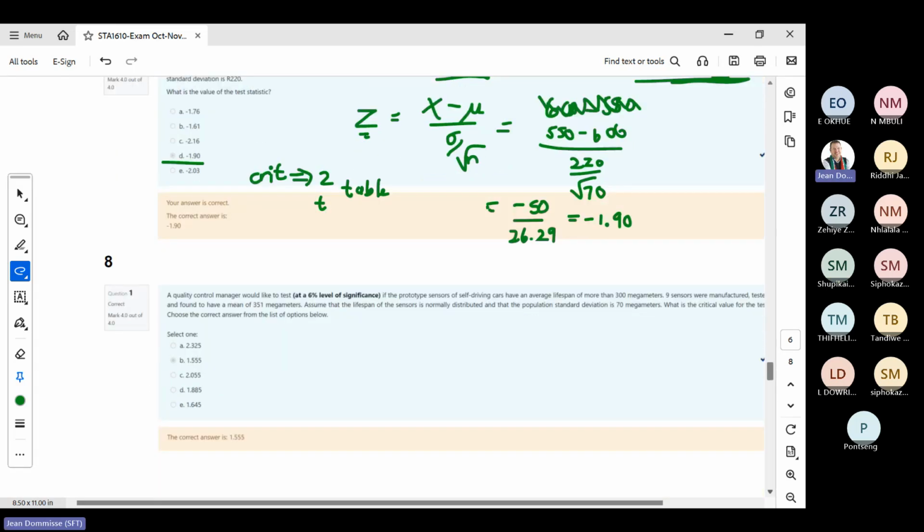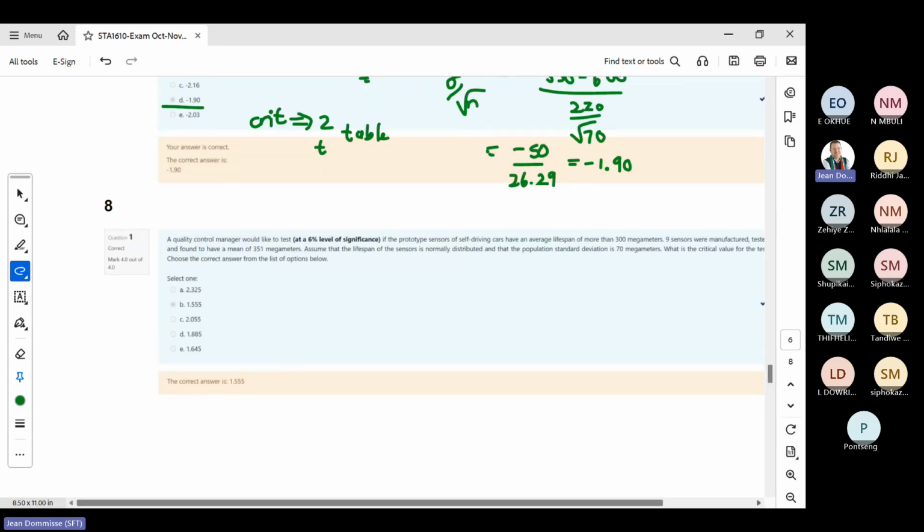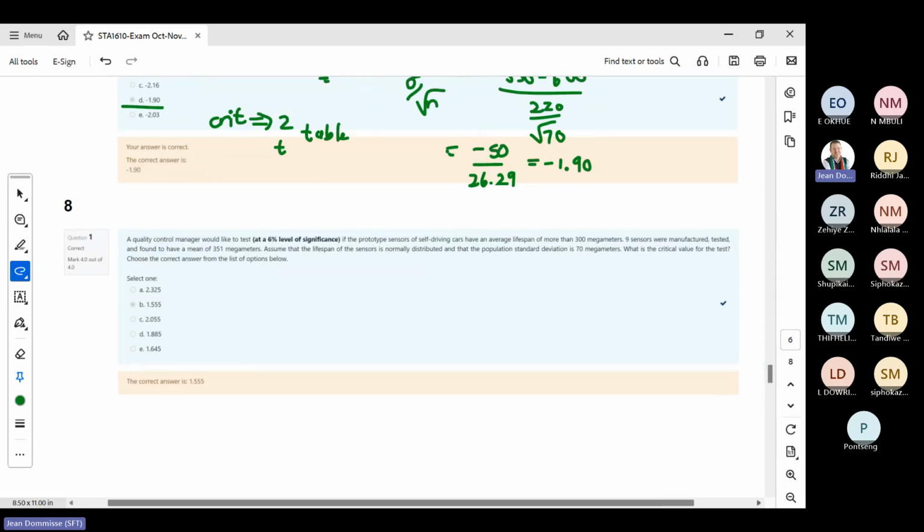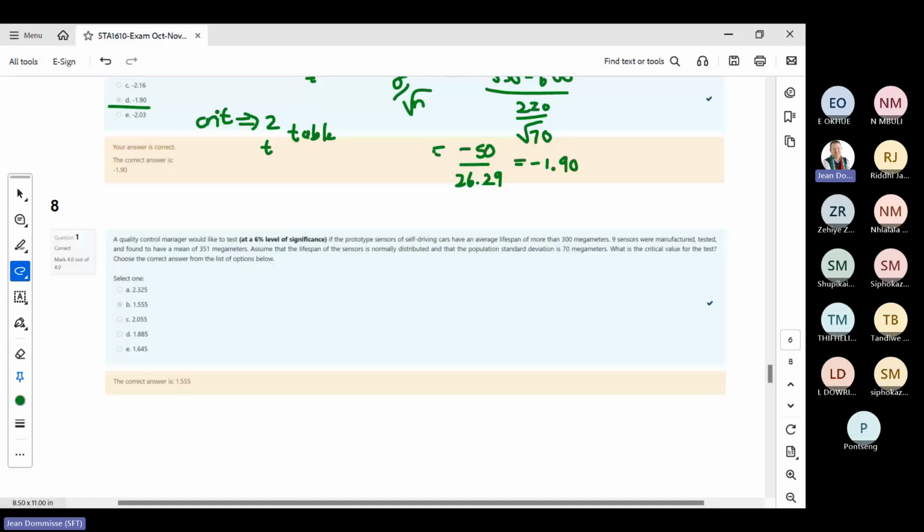Okay, so let's look at this one, because this one was also a weird question for me. A quality control manager would like to test at a 6% level of significance. So 6% is 94%.